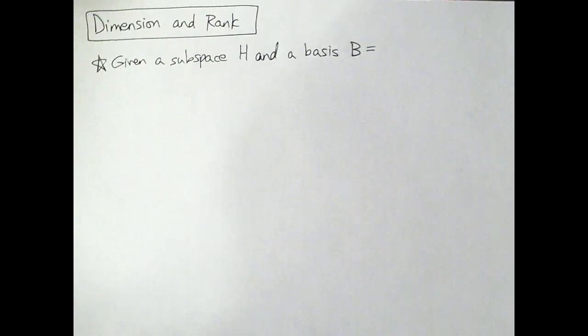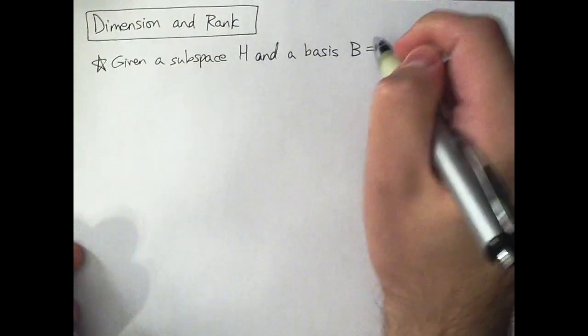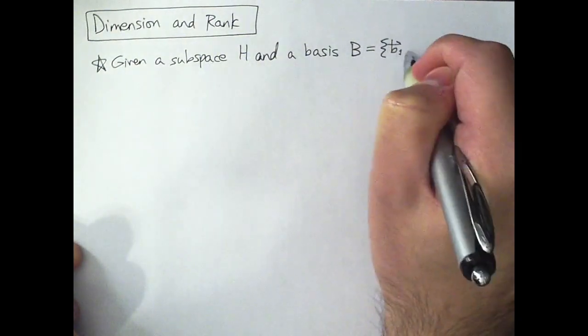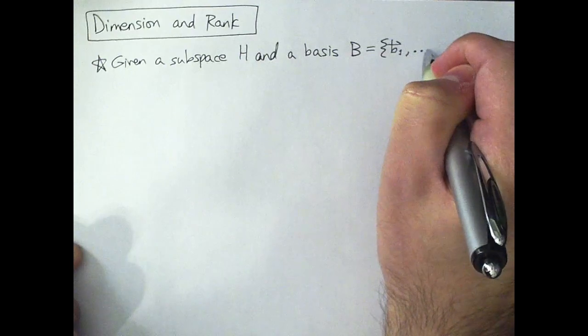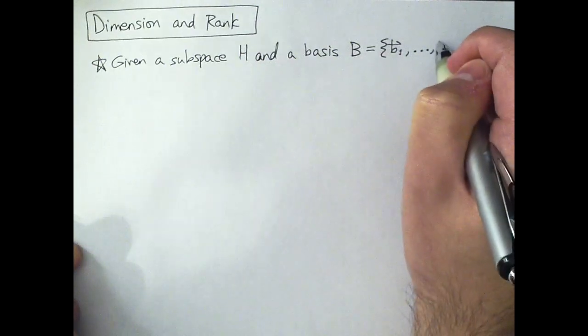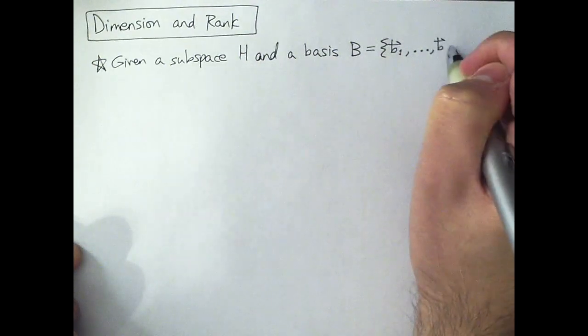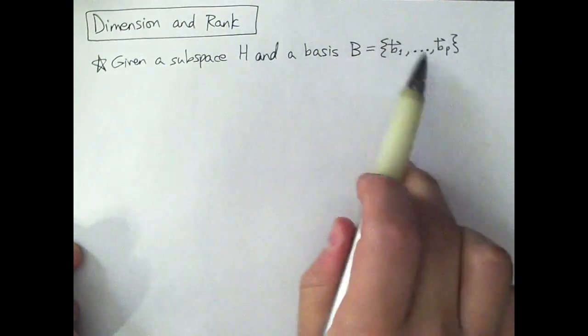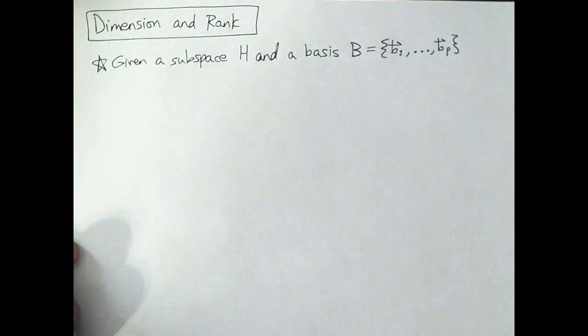A basis is a set of just a few vectors usually, right? It doesn't have the word span in front of it. It's just a set of a few column vectors. How many? Well, it depends. I say it's a few, but maybe it could be a lot. Maybe it could be 100 of them. But it's some finite number of vectors, okay?